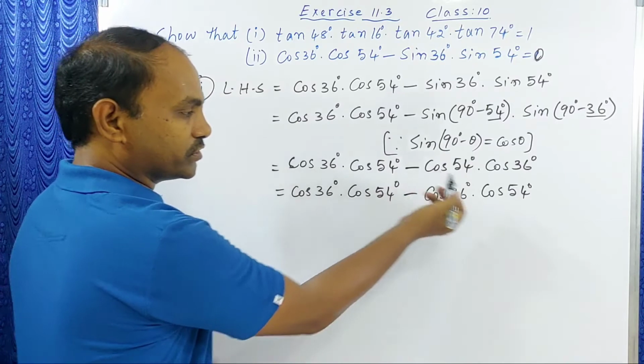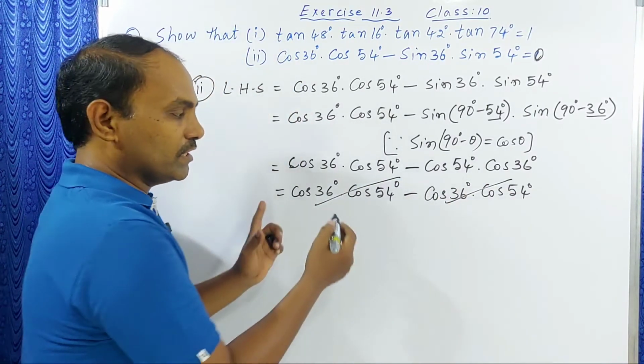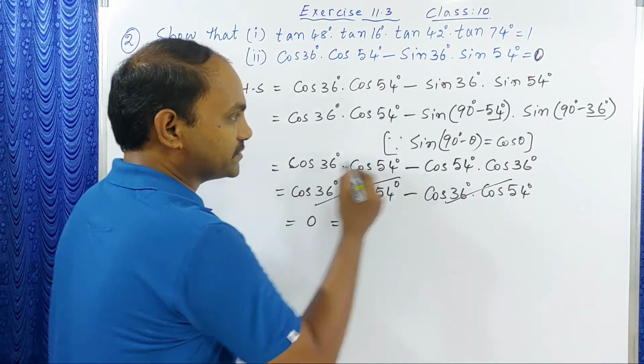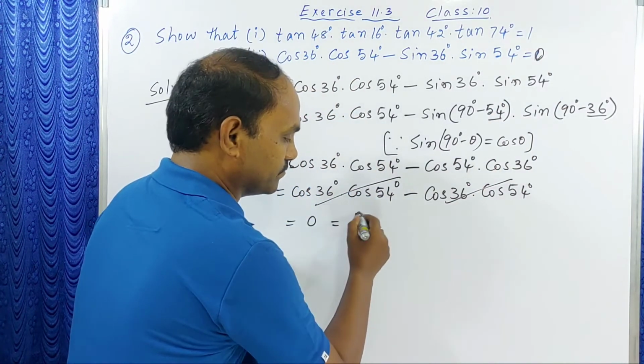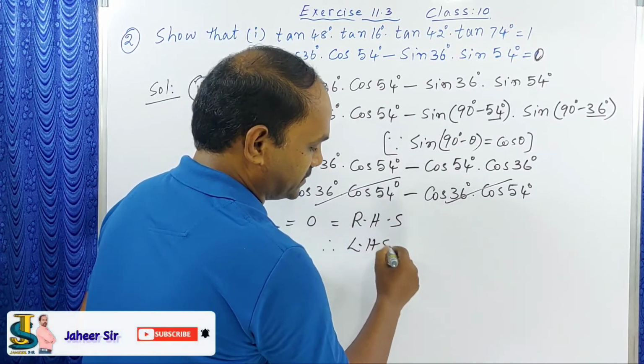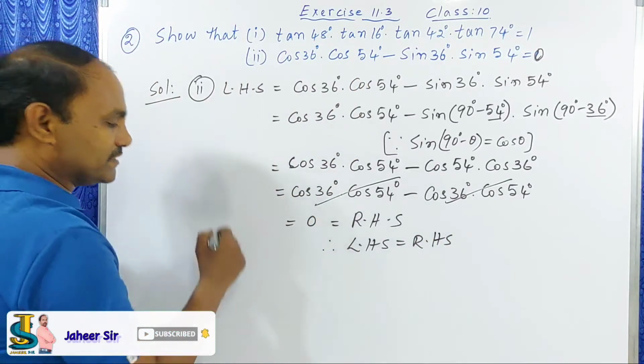Now look at this, these two terms are the same, and the minus is there, so this one is 0. What is 0 here? RHS. Therefore, LHS is equal to RHS. What is the result?